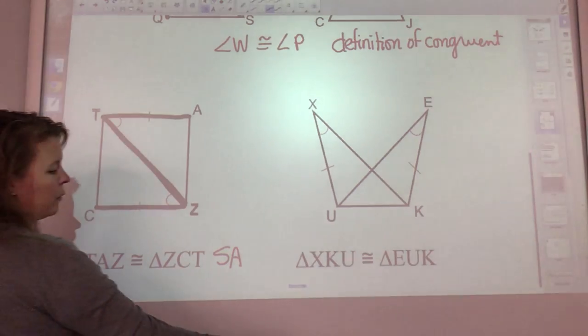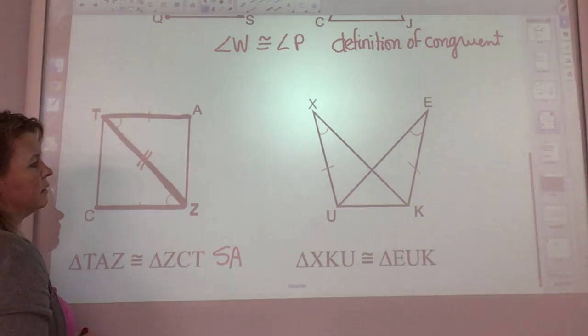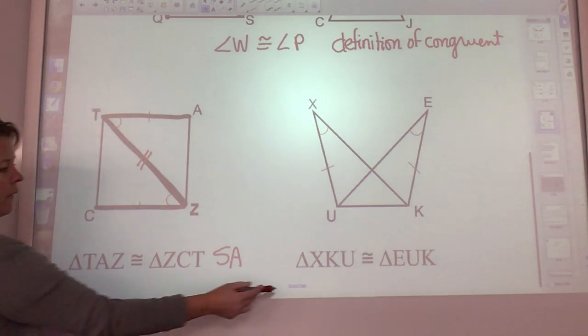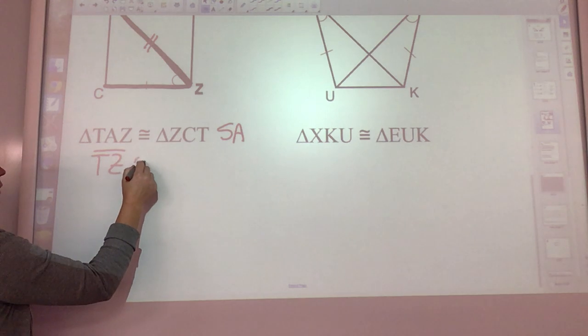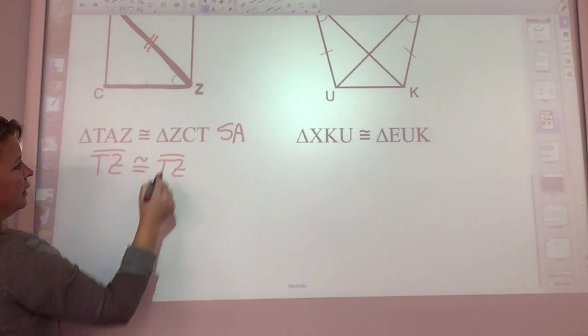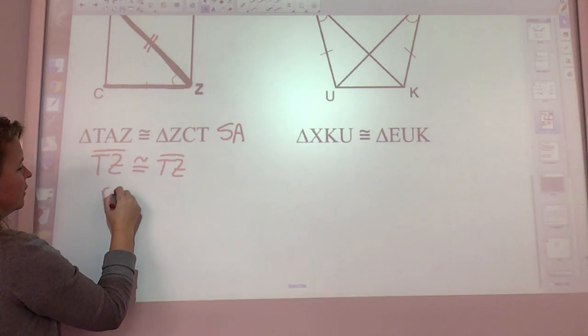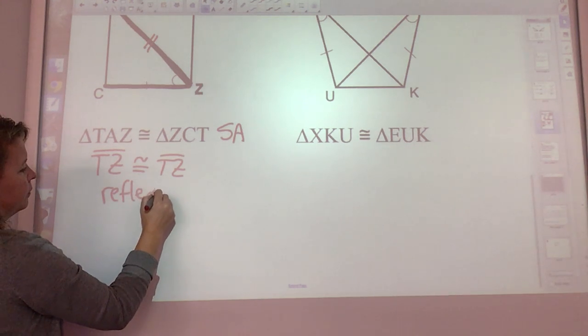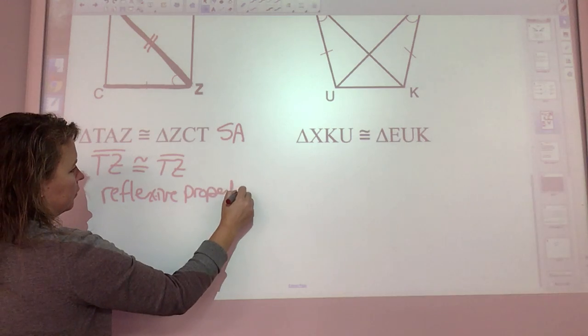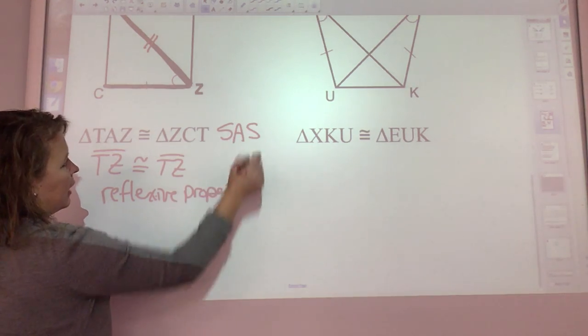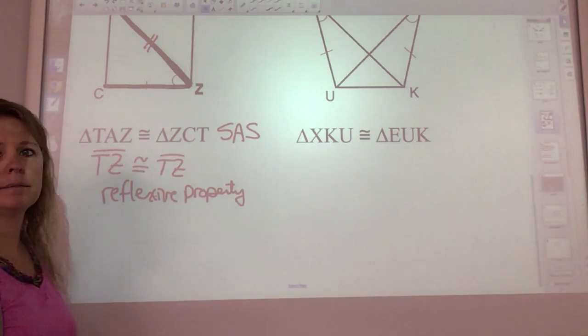When we go both ways, we need this side to be congruent. Can we do that? You betcha. Segment TZ is congruent to segment TZ by the reflexive property. Side, angle, side.